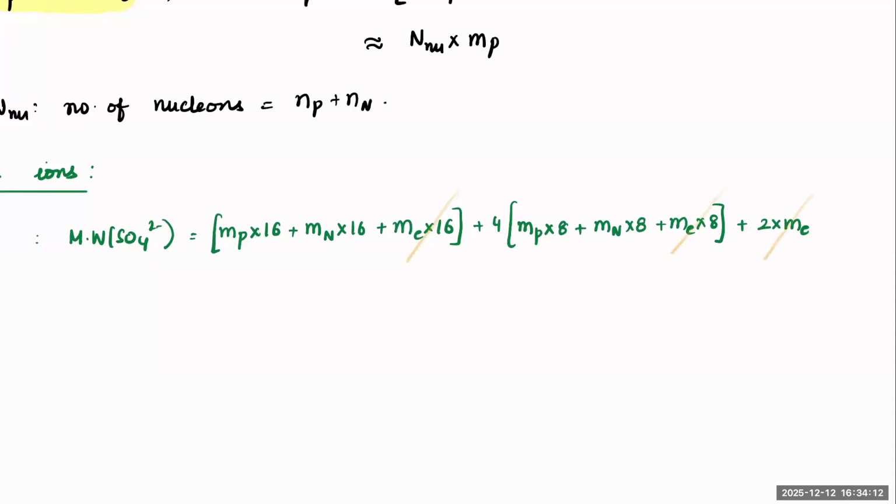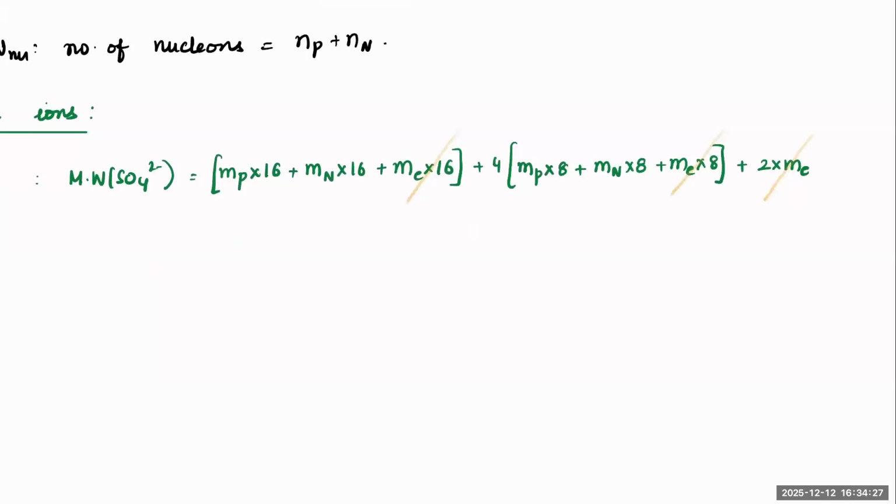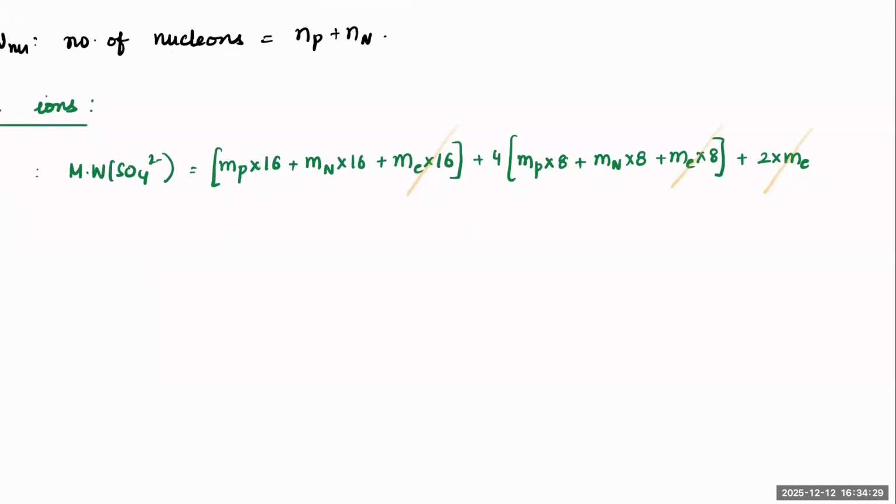So even in the ions, eventually you are only adding the mass of proton and neutron. So it doesn't matter whether the overall molecule carries a positive charge or a negative charge. You're just supposed to find out the mass of proton and neutron together. And we also assume that the mass of proton and neutron are the same. So it is as if you are finding out the atomic weight only.